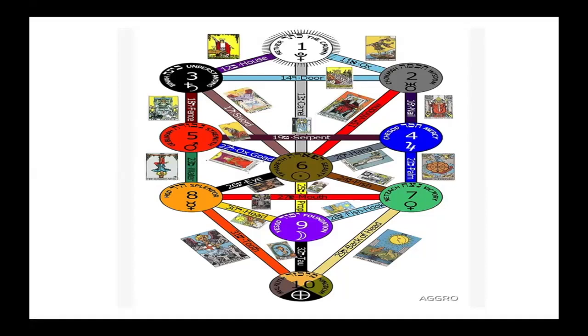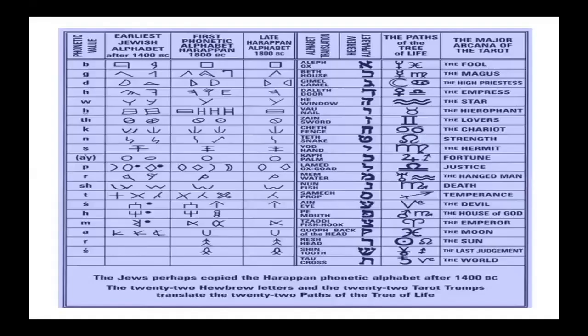The diagram previously actually outlines the letter of the Hebrew alphabet in the 5th column, the Hebrew letter, and tells you what it means. So if you look down here, Aleph, the Fool, is ox.